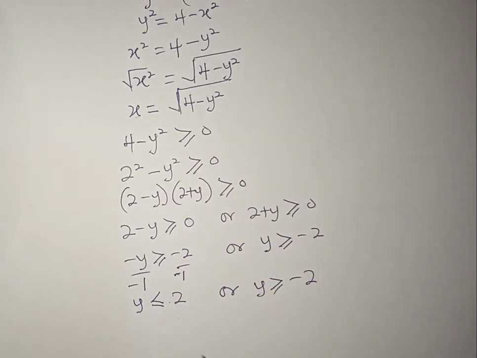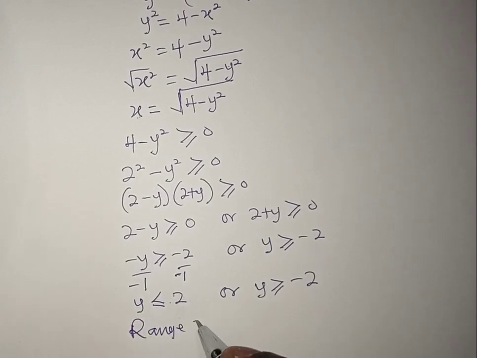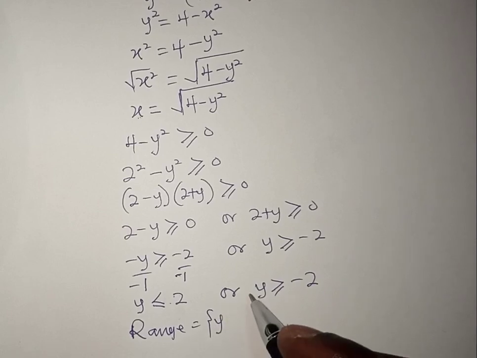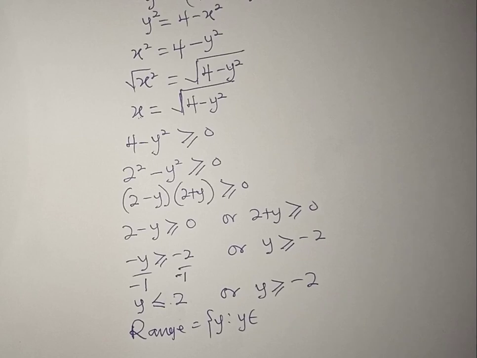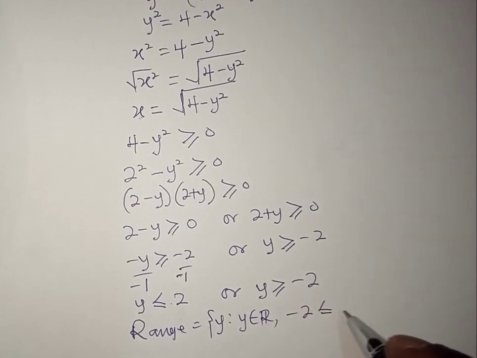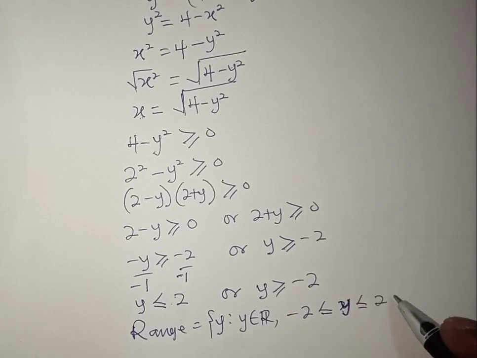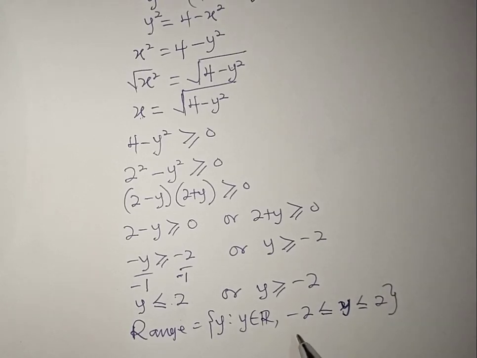If that's the case, we can write our range as: y is such that y belongs to the set of real numbers, negative 2 less than or equal to y less than or equal to 2, and that gives us the range.